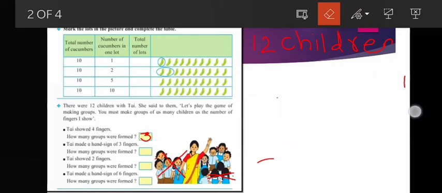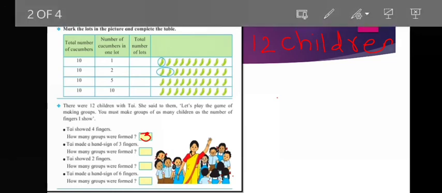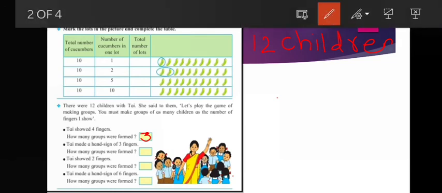Now let's go to the second question. Tai made a sign of 3 fingers. How many groups were formed? Now she made a group of 3 fingers. So let us see, instead of every time drawing and making a group, we can easily do what? 3 1s are 3, 3 2s are 6, 3 3s are 9, 3 4s are 12. So each group will have how many children? 4 children.